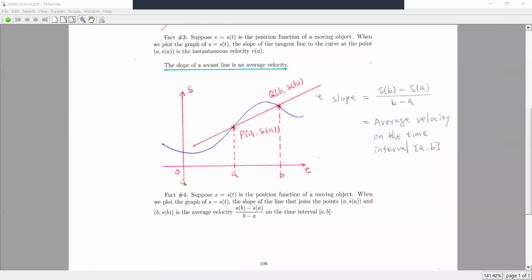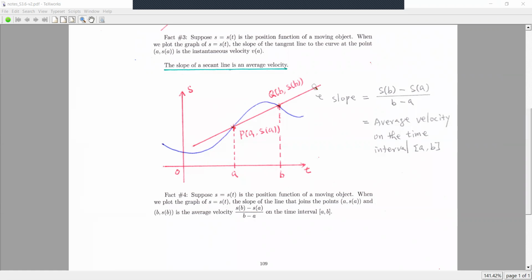Fact number 4. Plot the graph of the position function. On the graph, take 2 points, say P and Q. Then join the 2 points with a line.